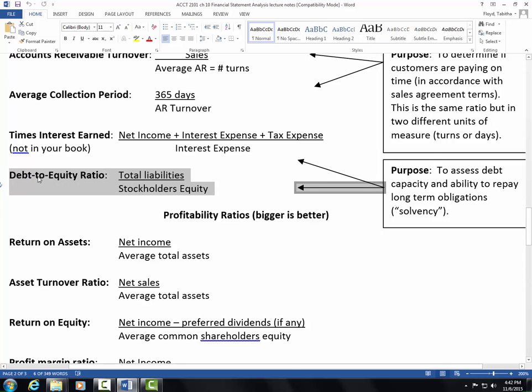So if a company has a lot of debt, you would hear that company referred to as highly leveraged. It has more risk associated with it. So this debt to equity ratio is looking at the company's ability to pay its long-term debt. And you would want a lower number there. Lower is better there. It indicates less risk.